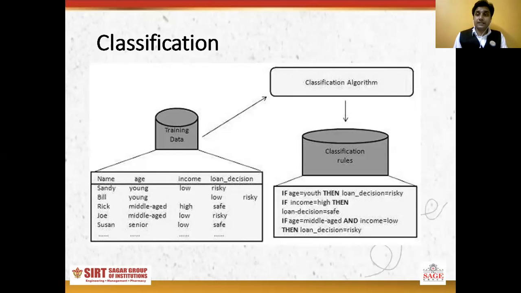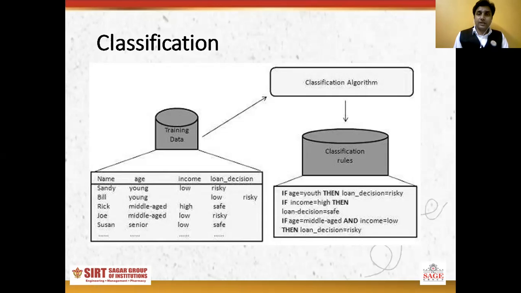First of all, they gather the data of the customers, and thereafter they classify the data on the basis of their background. What is the age, what is their salary, what are their expenses.